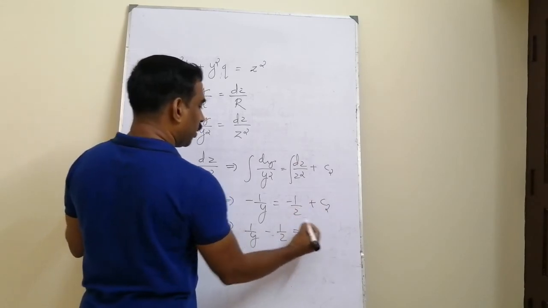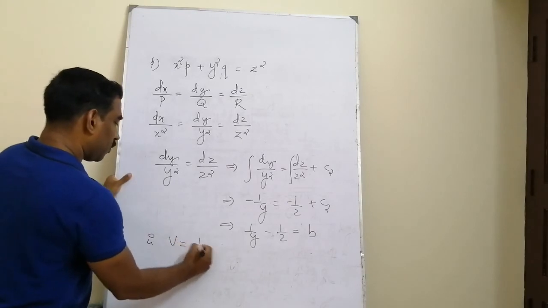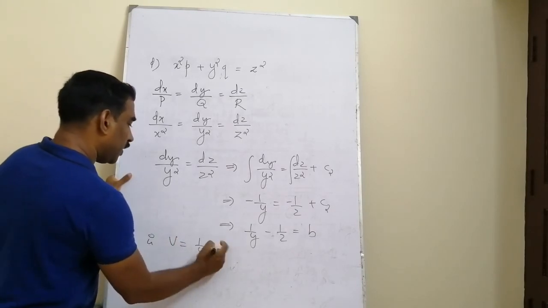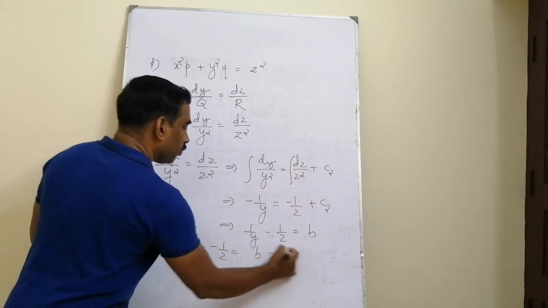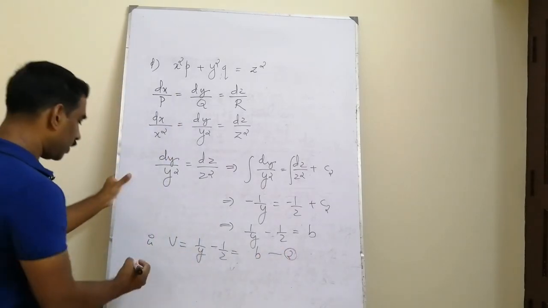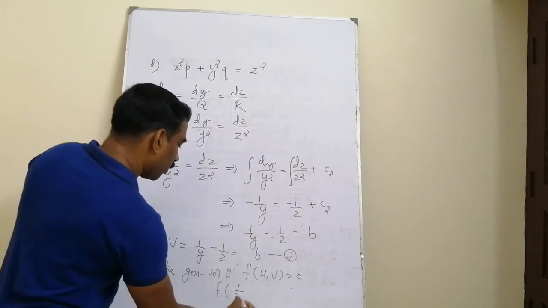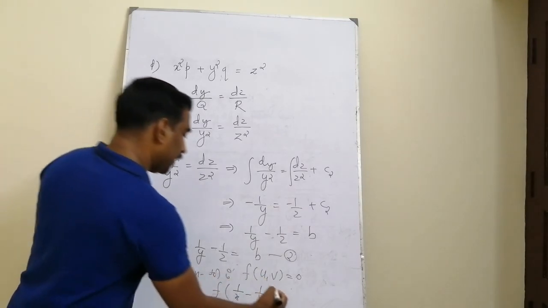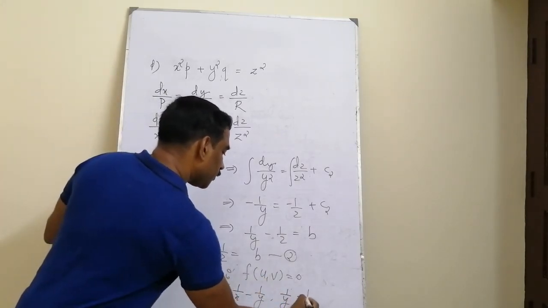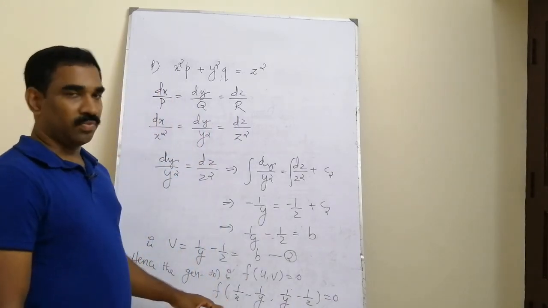We call it another arbitrary constant, say b. That is v is equal to 1 by y minus 1 by z is equal to an arbitrary constant, equation number 2. Hence the general solution is f of 1 by x minus 1 by y and v 1 by y minus 1 by z is equal to 0, where f is an arbitrary function.